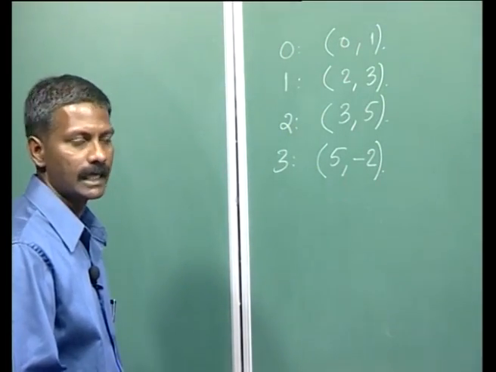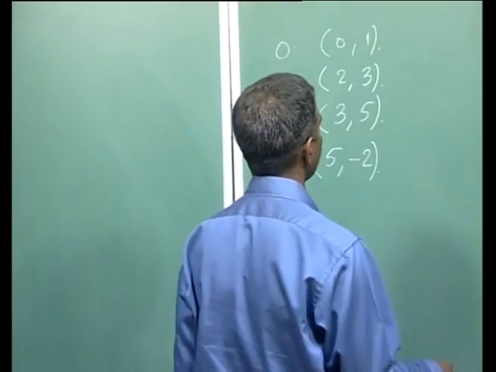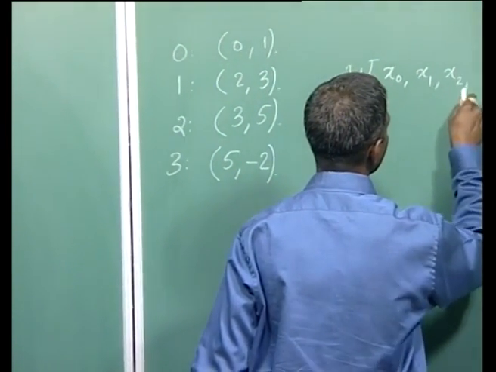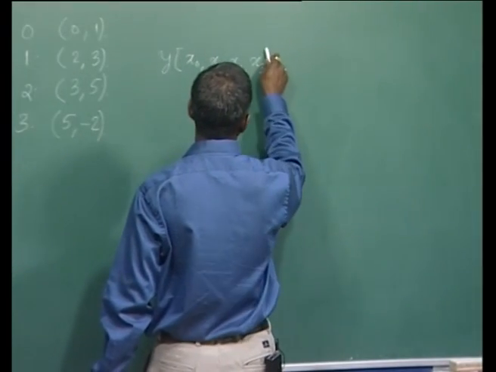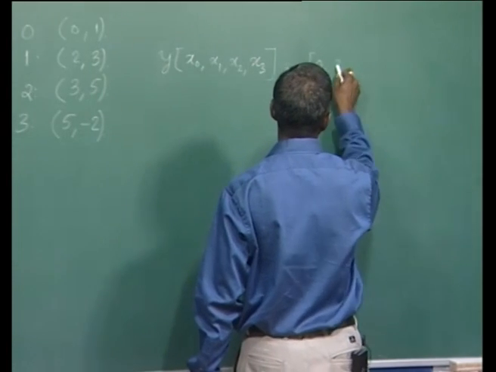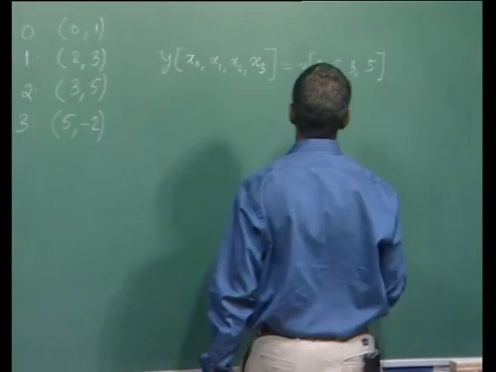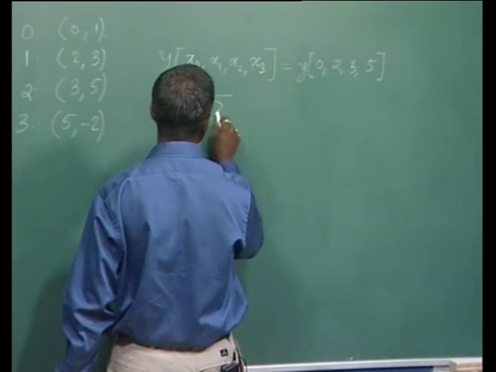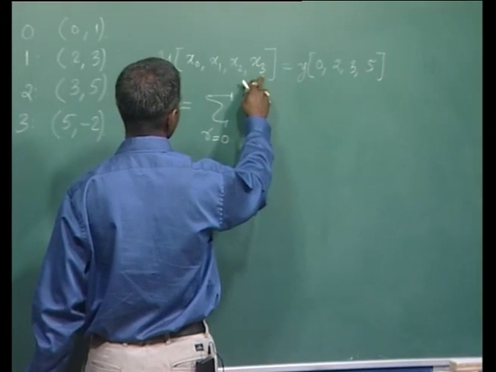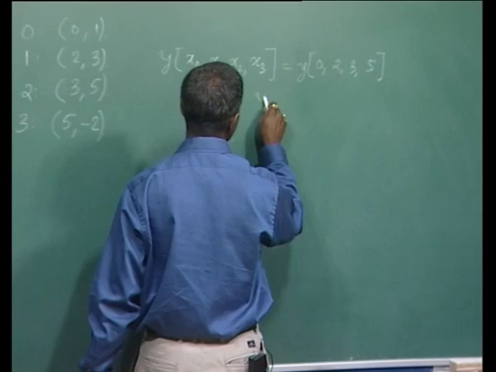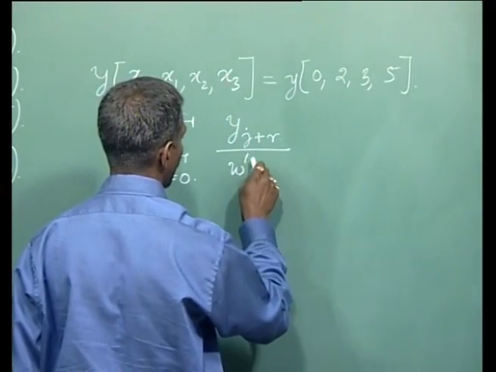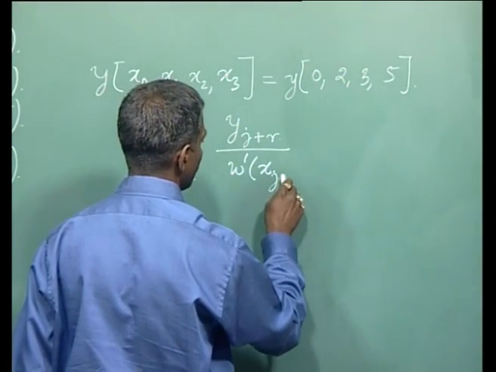Let's try to compute directly using the algebraic form. So y of x0, x1, x2, and x3, which is y of 0, 2, 3, 5, is equal to the summation, the index r going from 0 to 3, of y sub j plus r over w prime at x j plus r.